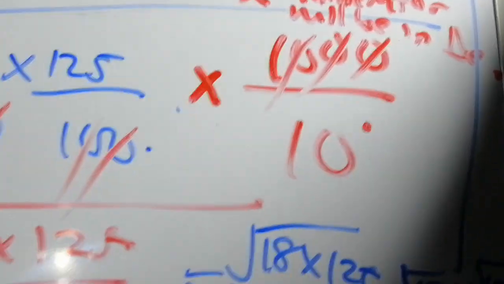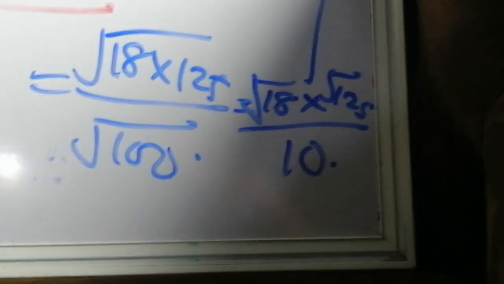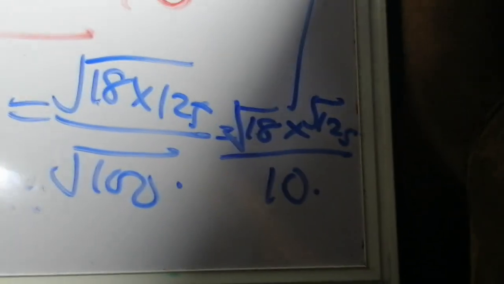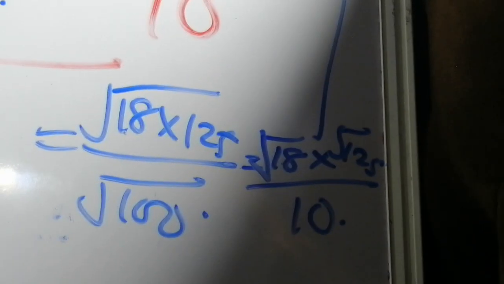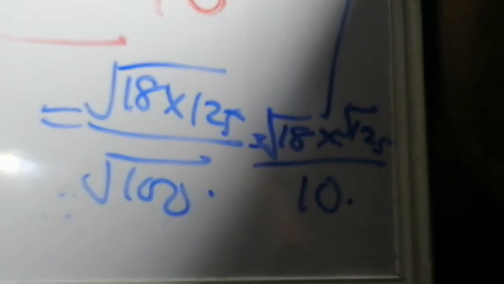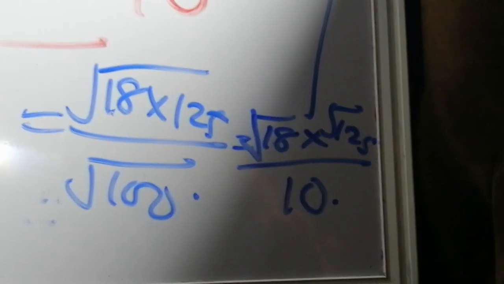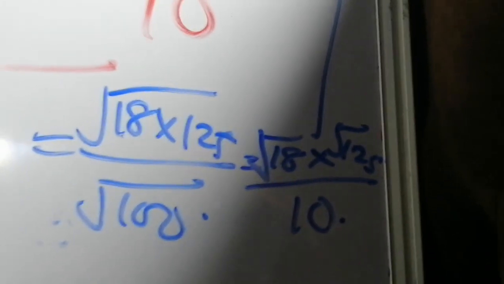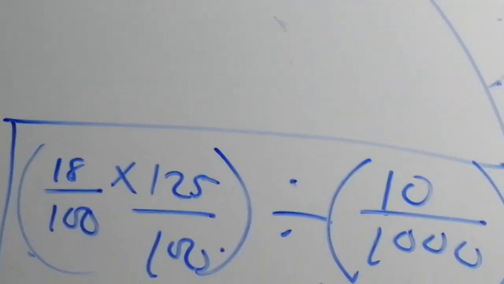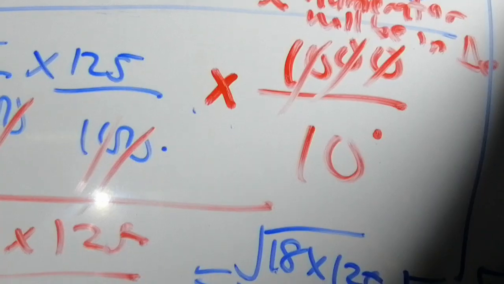Now, root 18 is the same thing as 9 times 2. 9 times 2, 18. Then 125: 25 times 5, because 25 in 100 is 4, in 125 that is 5.